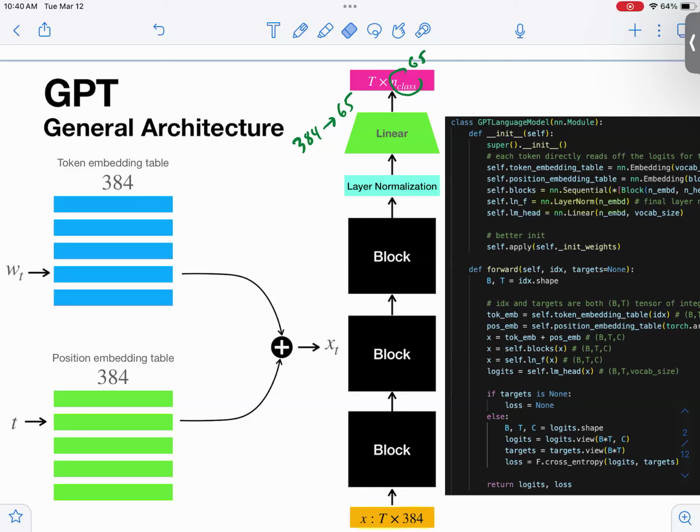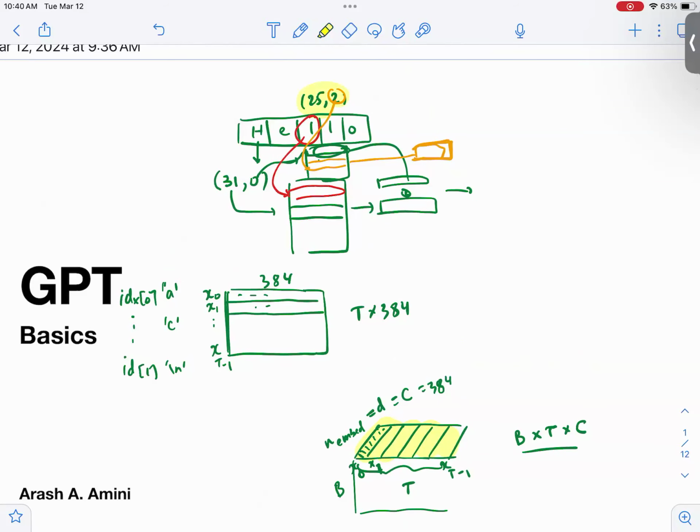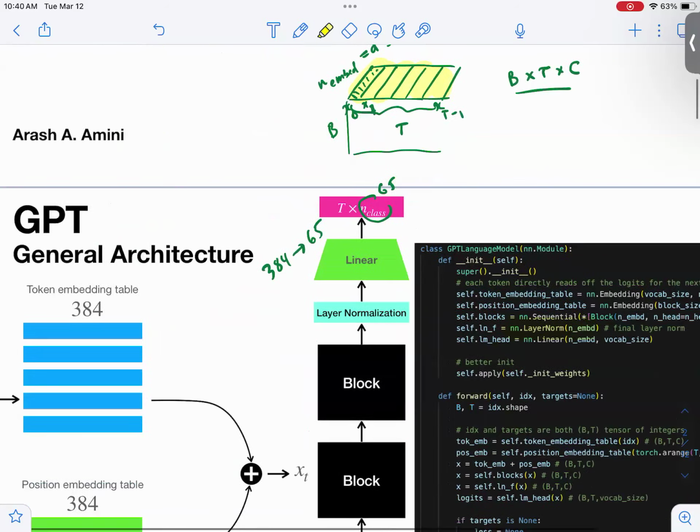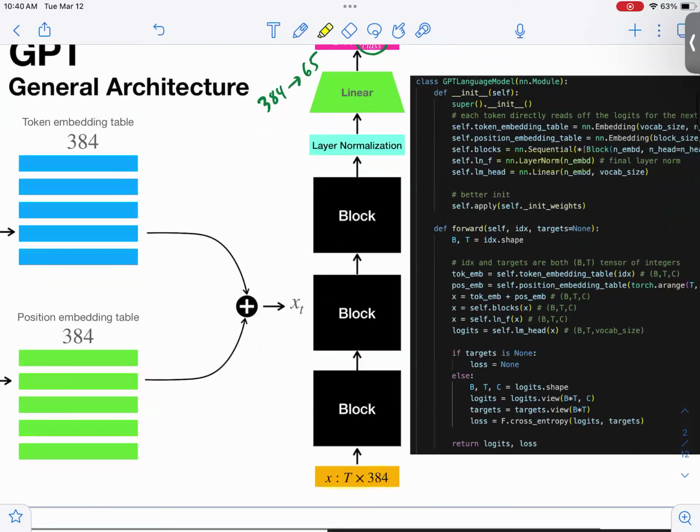If you imagine there are 65 characters, I could have encoded it as just a pair of numbers. So this has the same information as these two vectors, but I map each one to a vector and then sum them up. That will be my representation of this token at this position. It takes a while to get used to, but it's a very interesting idea.